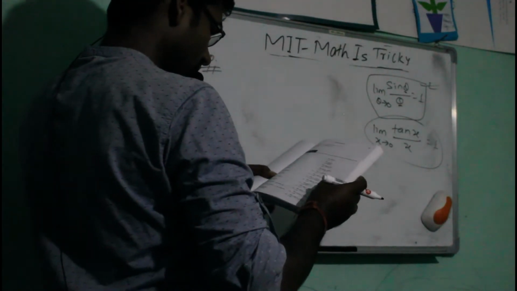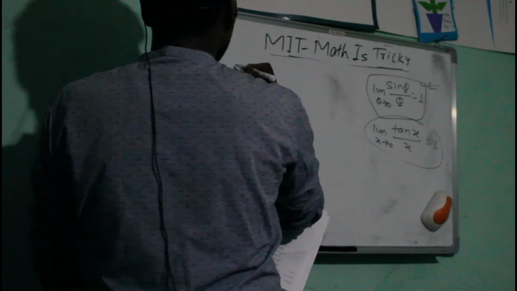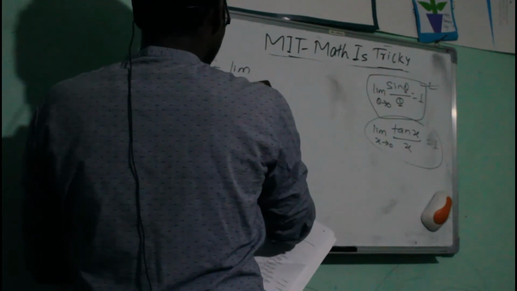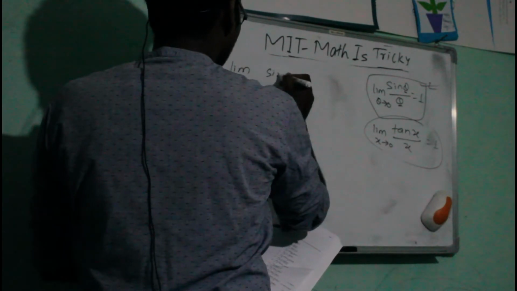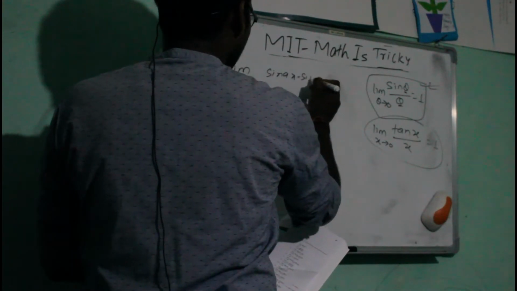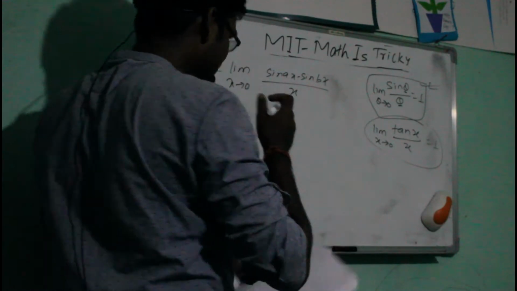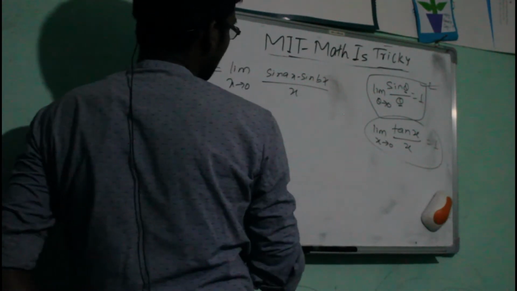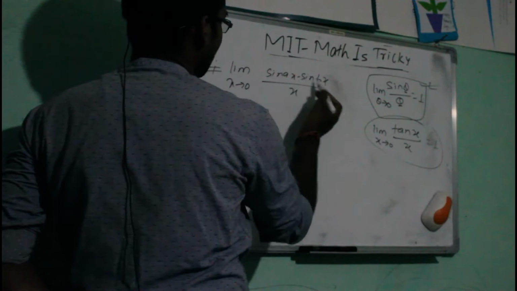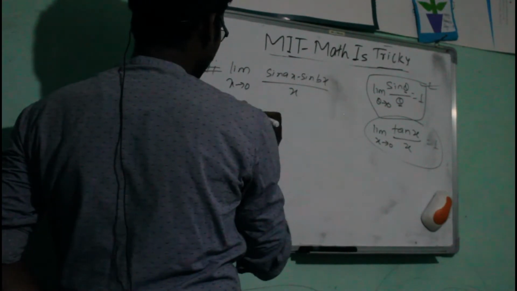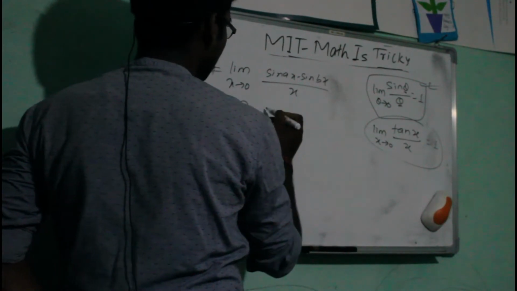Next question. This is again limit x tends to 0 of (sine ax minus sine bx) by x. This can be solved in 2 ways. We can use the sin c minus sin d formula, or we can use this method also.